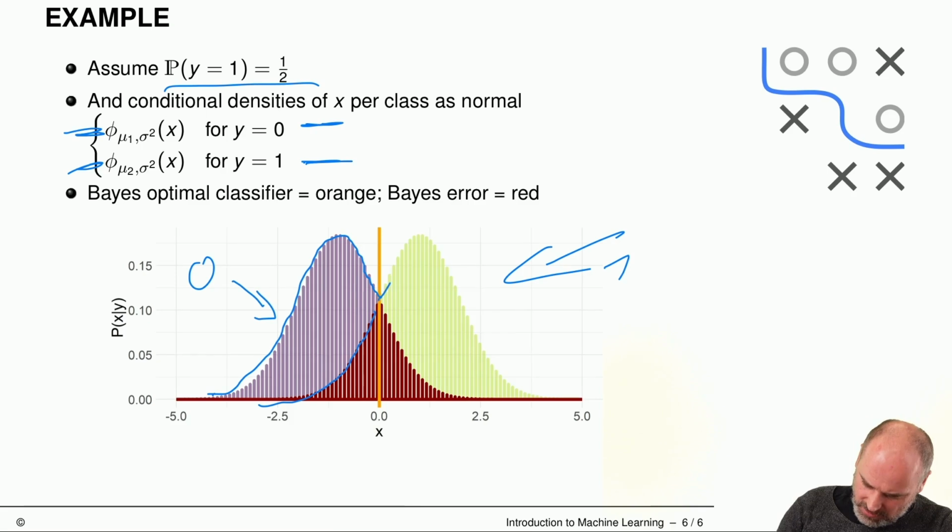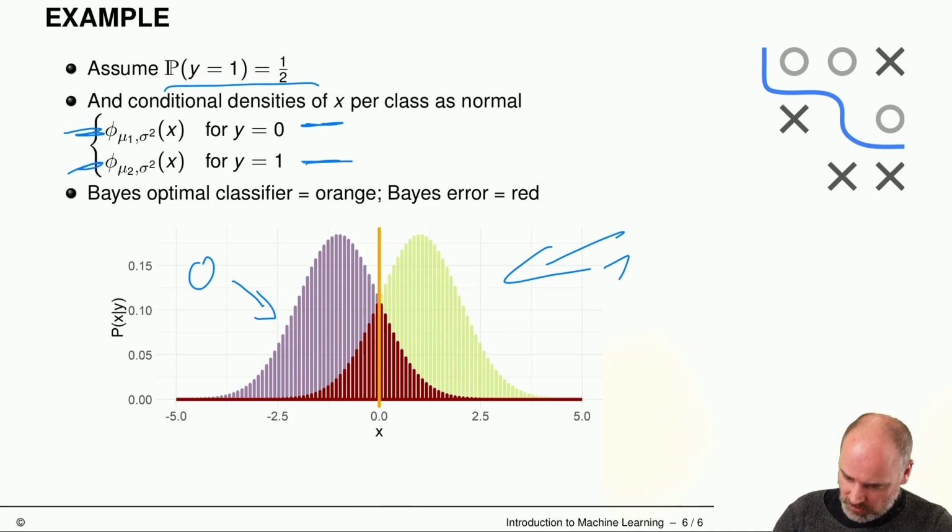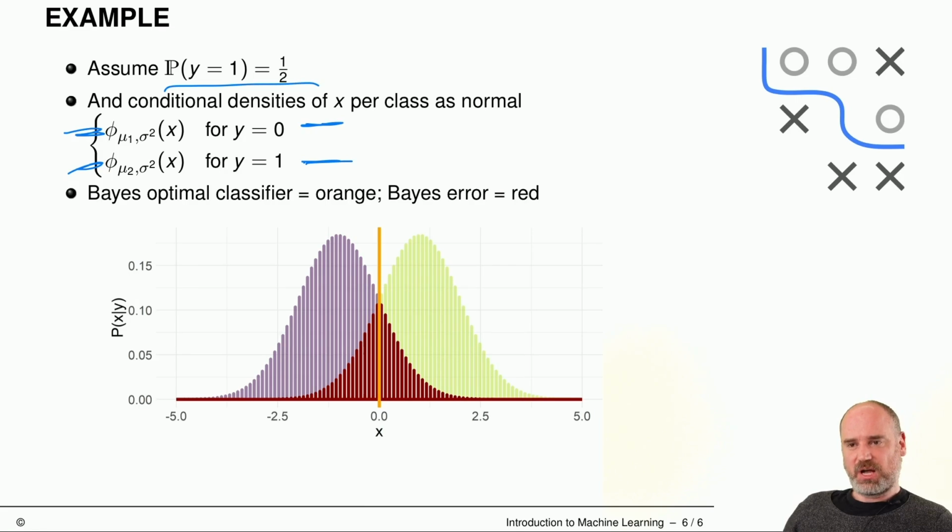On the right-hand side, this greenish bell curve is above the purplish bell curve, so here I would say class 1. So in this case, my threshold is exactly at the 0 point, which is what one would naturally assume would happen.